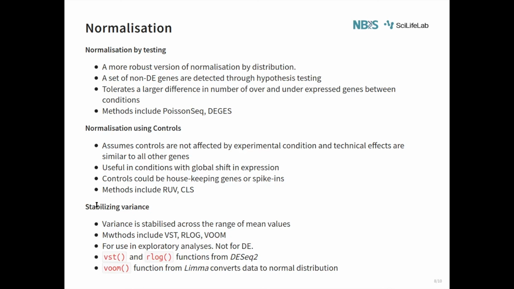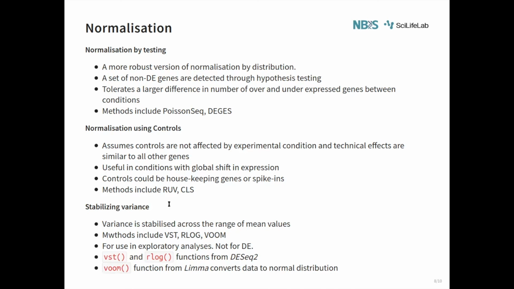So variance tends to increase over the mean values. As the mean goes up, the variance goes up much more than what you expect from normally distributed data. And exploratory methods like PCA have this assumption that the data must be normally distributed and should be homoscedastic, as in the variance should be constant. So if you have heteroscedastic data, then it is violating an assumption.